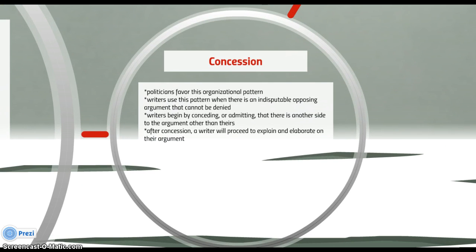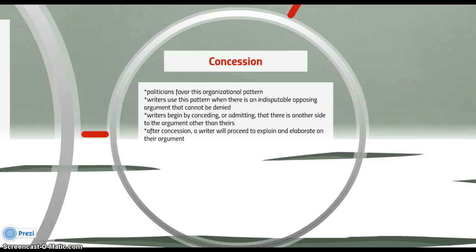The last one is called concession. This is one that's favored by politicians. You use concession when there is some type of opposing argument that you cannot deny. It's there, and to pretend that it isn't there makes you look foolish. So you have to admit the other side has a point. So once you've done this, you've admitted or conceded that there is another side to the argument.